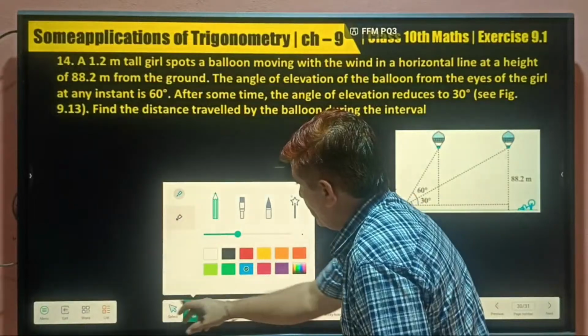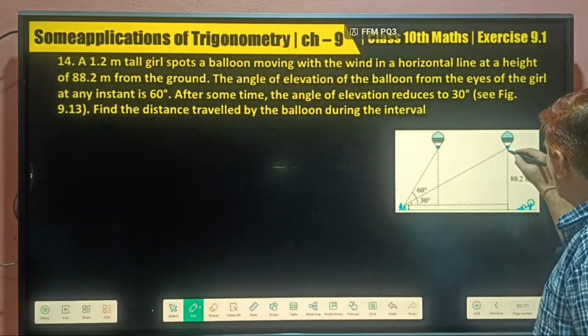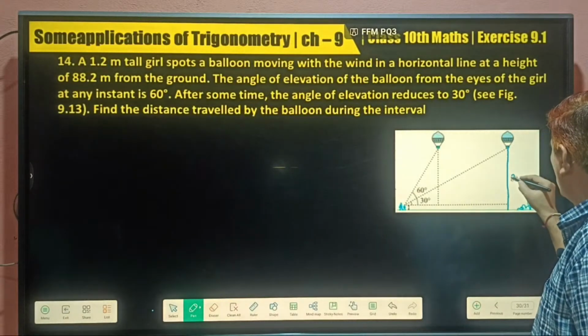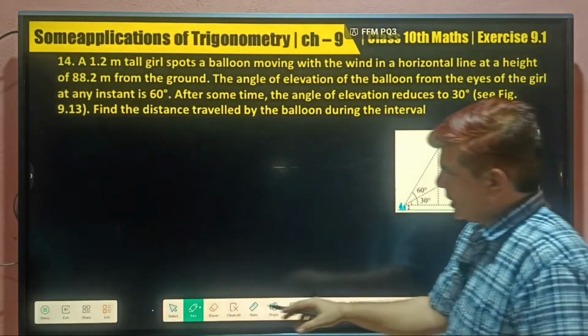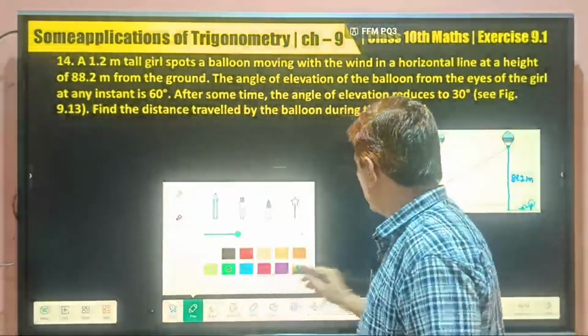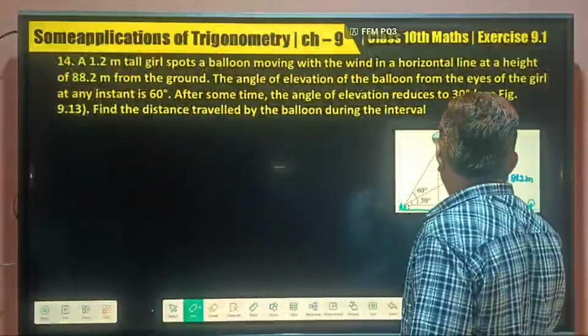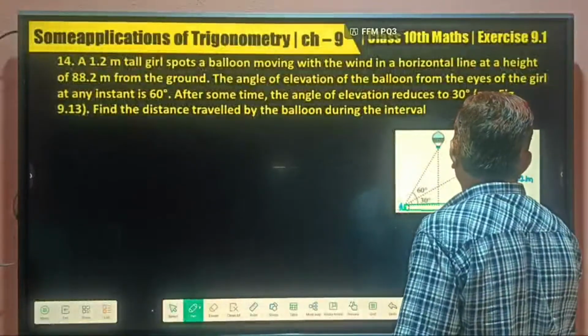This is the height, the height of the balloon. And where is the girl? The girl is standing here. And this is the foot. And this is the height of the girl.